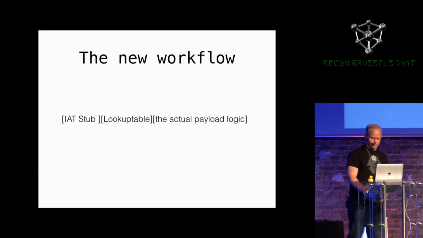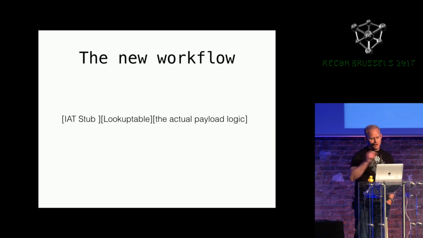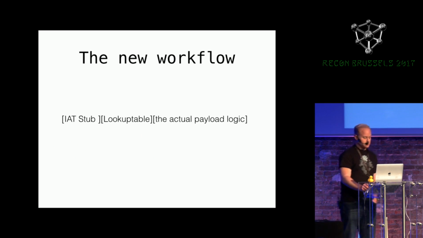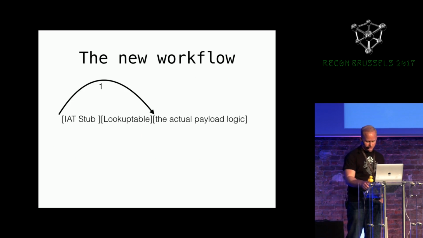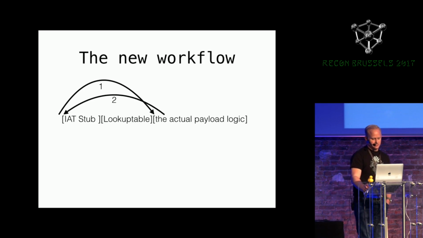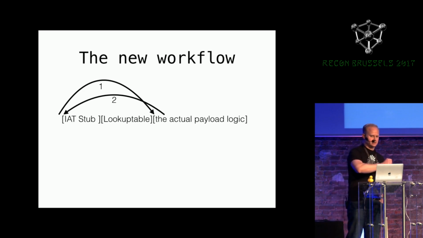So if you're going to look at it from just an image, you can see here I'm going to do a call over, just like Stephen Fewer's hash API or the Metasploit payloads. I do a call over, and then I pop EBP. Well, at this point, it is the Metasploit actual logic running the show. So then I return back into the import address table stub. And I tried to not go back to the beginning of the stub every time.